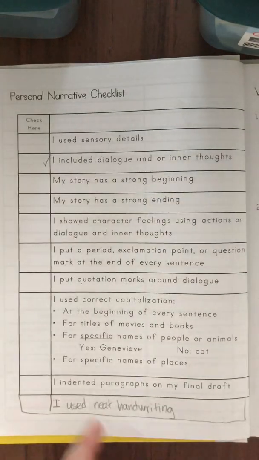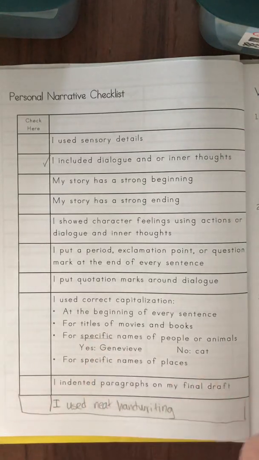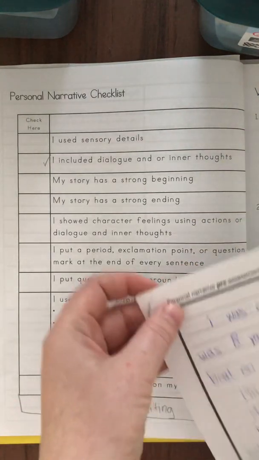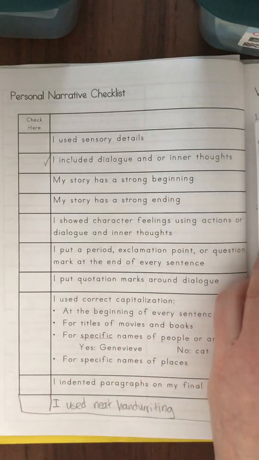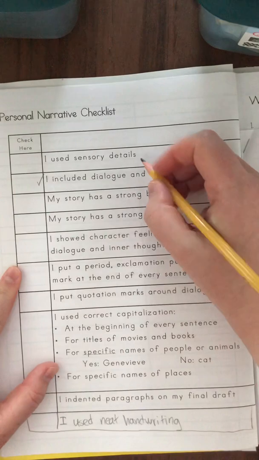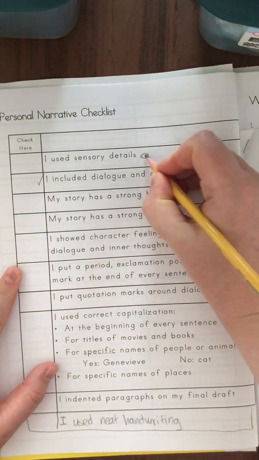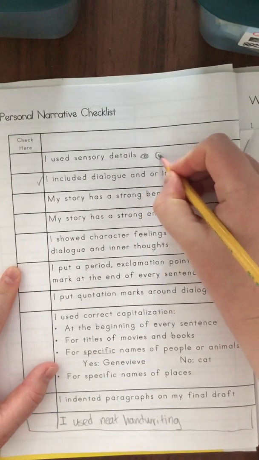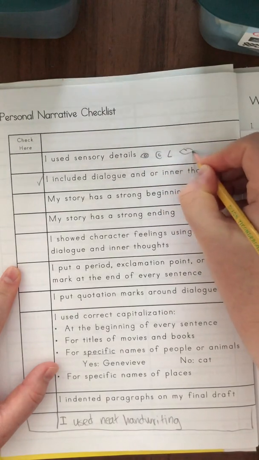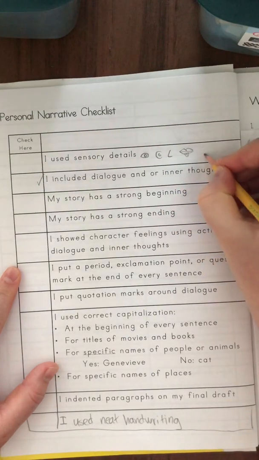So now I need to look at this list and think about what did I do well and what am I missing? Okay. I used sensory details. You might remember from first grade that sensory details are things that you see, hear, smell, taste, and touch.